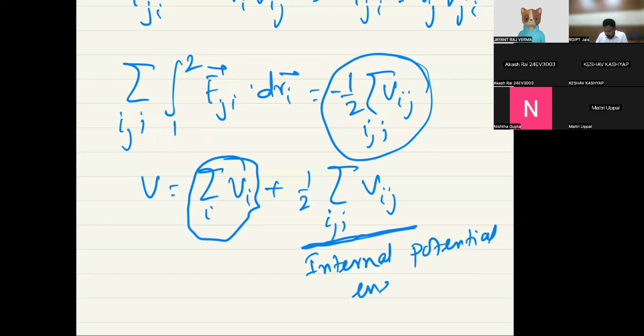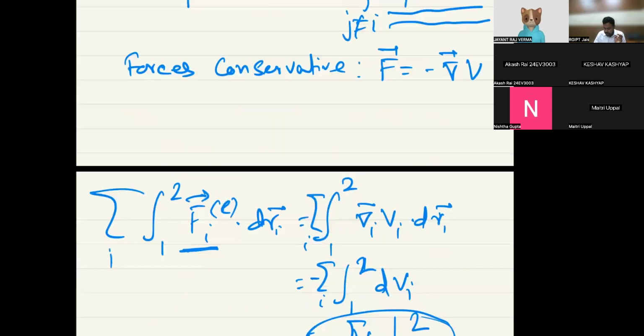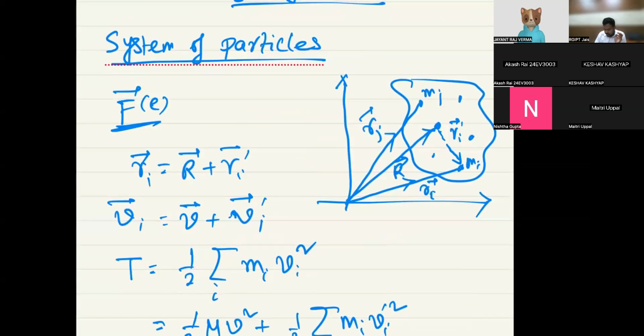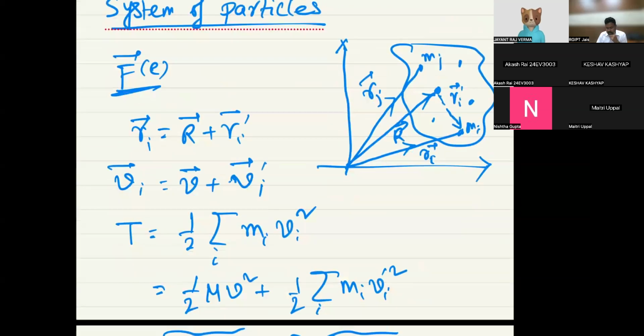The internal potential energy means, for example, if you have a rigid body, then the particles cannot move with respect to each other. The distance between these two particles is fixed, but they can at least rotate.